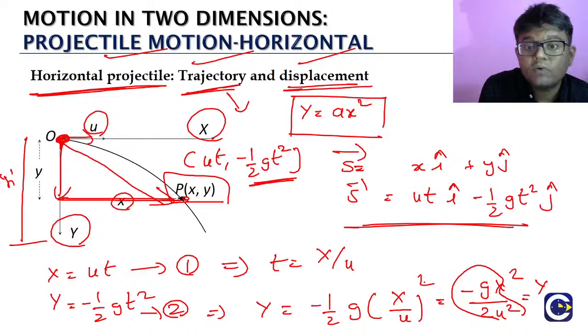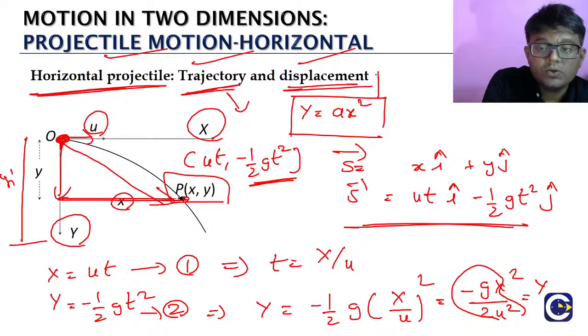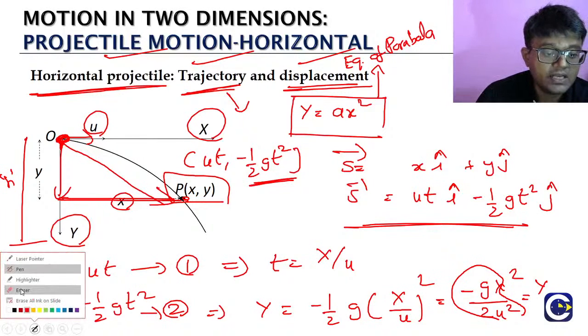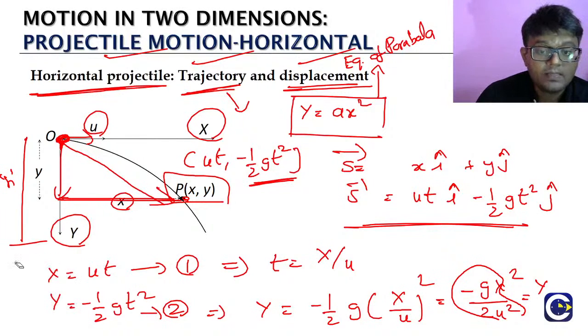You know this in mathematics, you learn about it. This represents the equation of a parabola. So if you have any equation like y is equal to a constant into x square, it represents the equation of a parabola. So what is the trajectory of the projectile? It is a parabola.